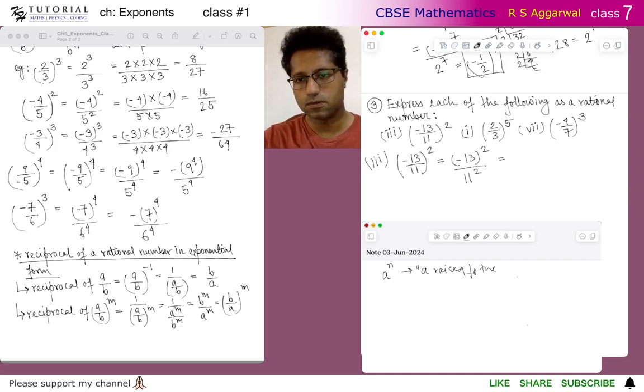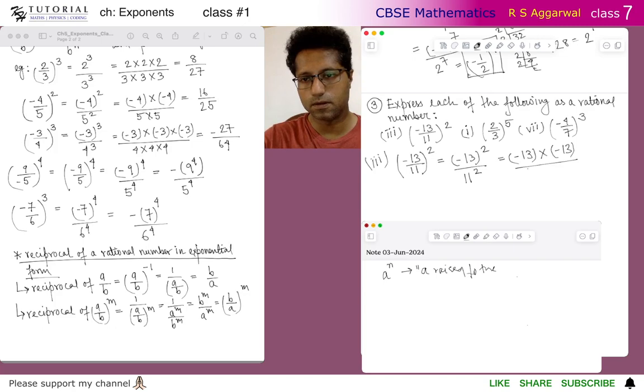So this is minus 13 multiplied by minus 13 divided by 11 into 11, which is 169 by 121. So this is the rational form.